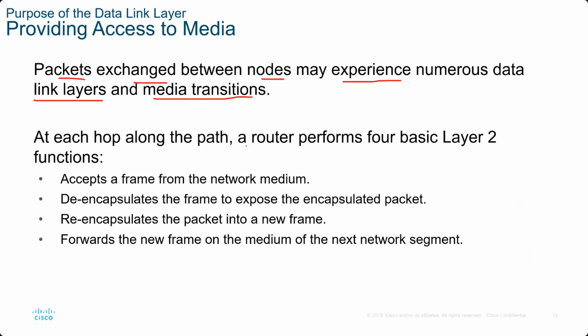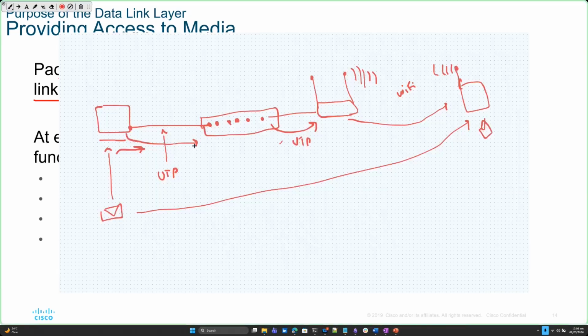If it's changing the physical media, what else is changing? We just talked about it: if you change a physical media, that also means that at the MAC sublayer, you're also changing protocols, because each media is supported by its own data link or MAC sublayer protocol.